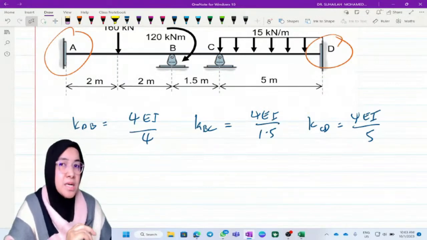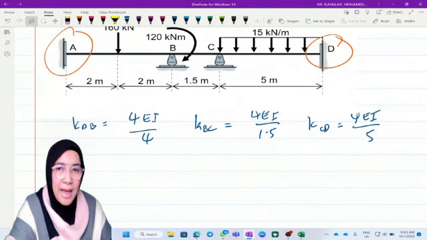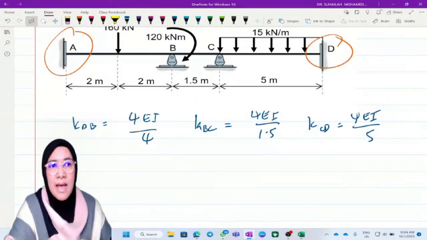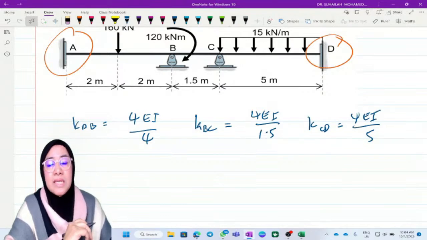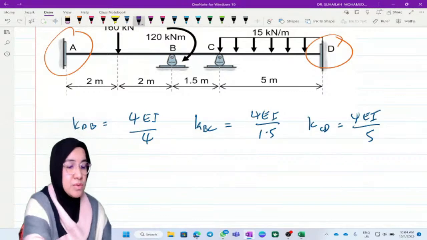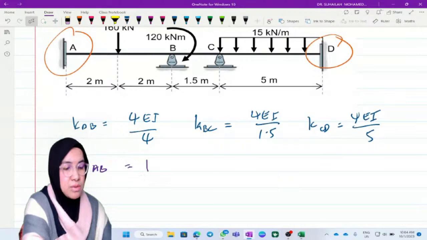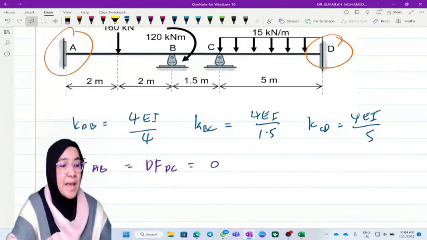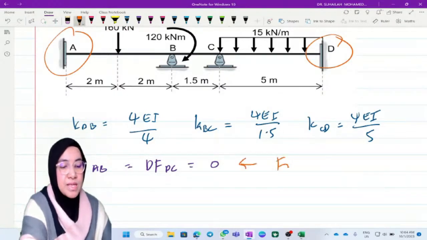Distribution factor for A and D: A is fixed, D is also fixed. For a fixed end, the distribution factor is equivalent to 0. So DF for AB, which is equal to DF for DC, is equal to 0 because of the fixed end.